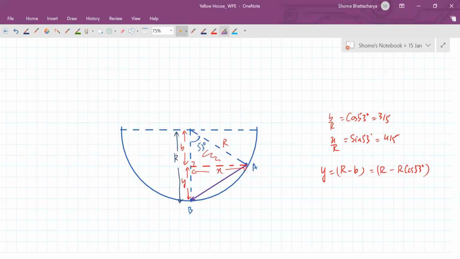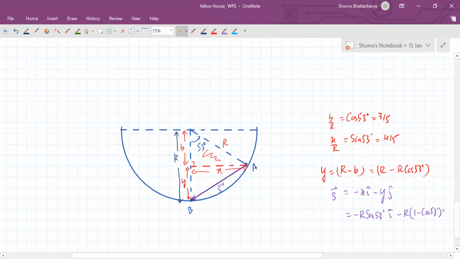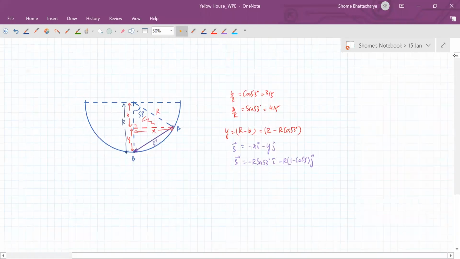Okay. So now your displacement vector is very clear in the diagram. The displacement vector has a negative x component and a negative y component. Okay. And next just substitute the value of r and the value of sine and cos.